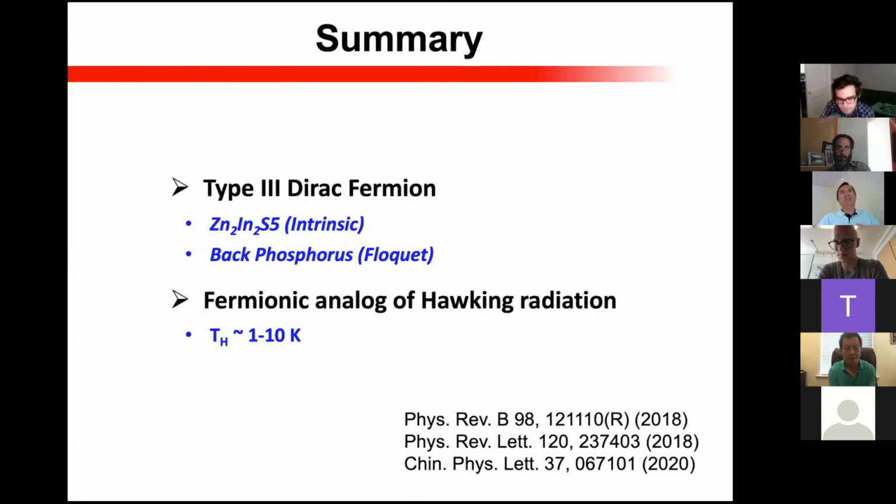Okay, then let's take the last question from Jonathan. Thanks. Do you have to worry about a Dirac cone of opposite chirality? In graphene, you have two Dirac cones, and I would be worried that they might cancel each other. I don't think so.